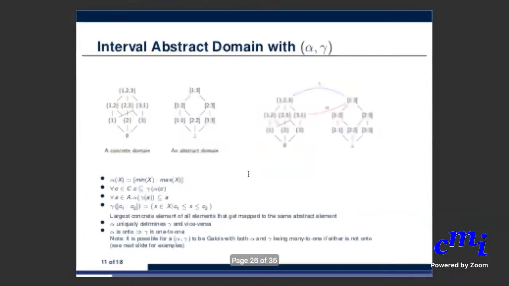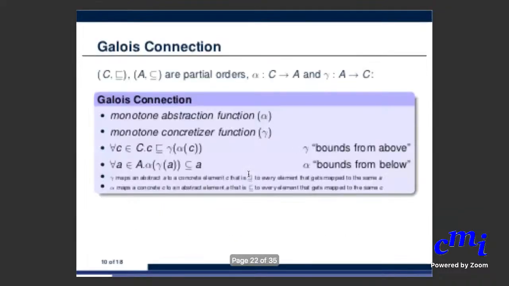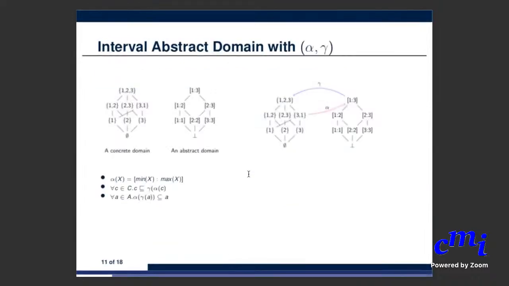So here, a little bit more information. I already said there is an abstraction function. And we also associate, in this theory, what is called a concretizing function that takes an abstract element and maps it back into the concrete one. Since this is a many-to-one function, we have to make a choice for the concretizing function.